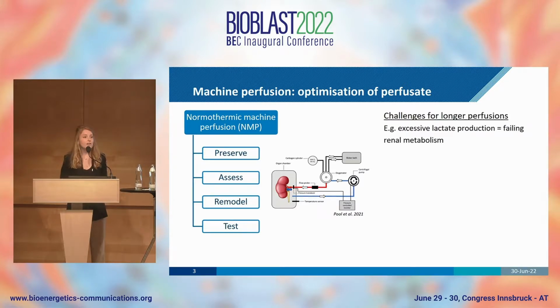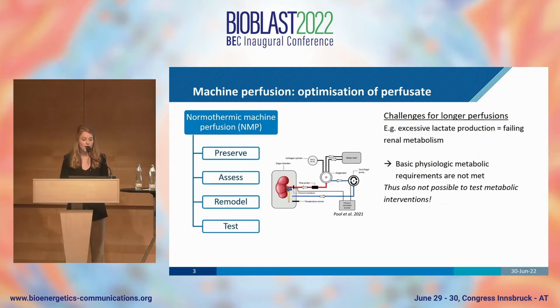For example, there is excessive lactate production, which is indicative of failing renal metabolism. This implies that basic physiologic metabolic requirements for the kidney are not met during current NMP procedures, let alone the requirements to test metabolic interventions.